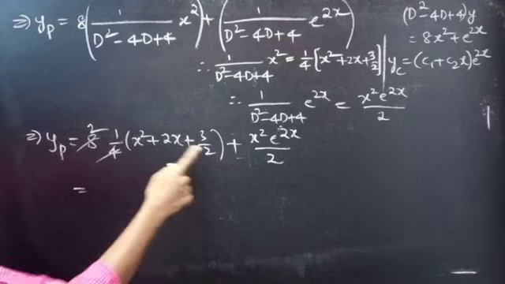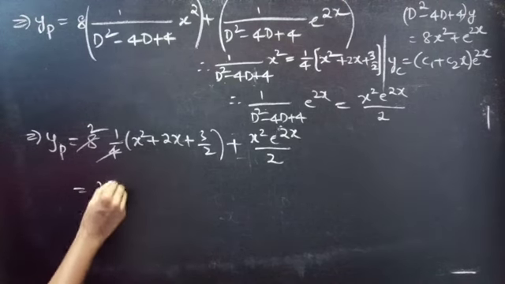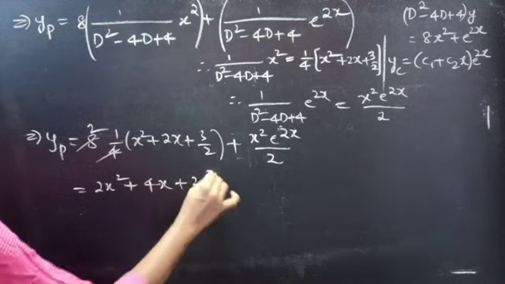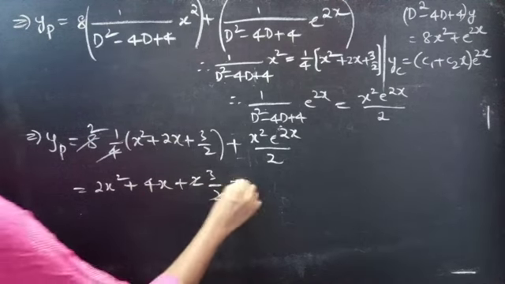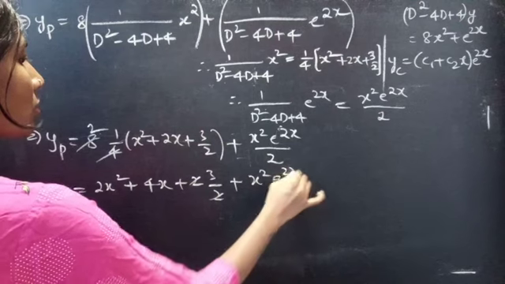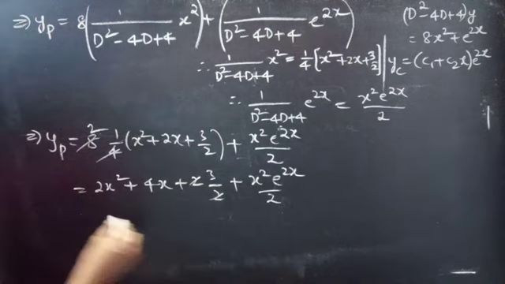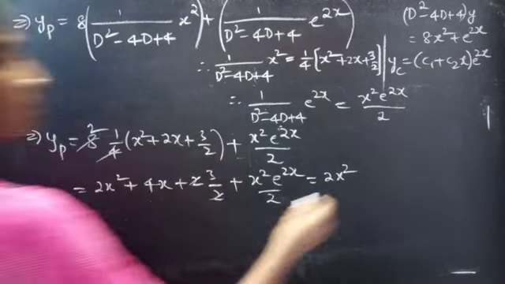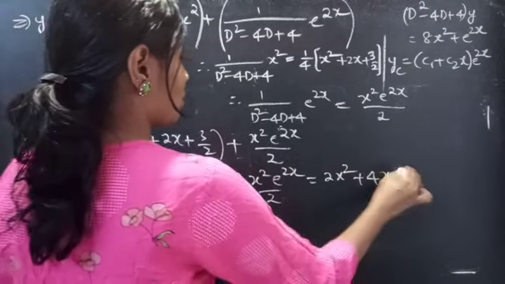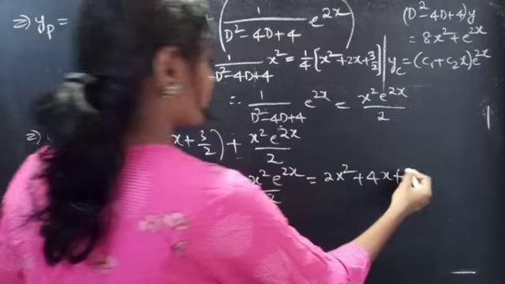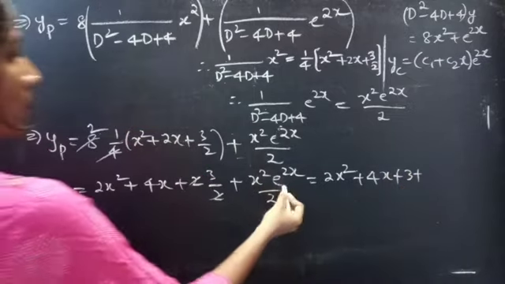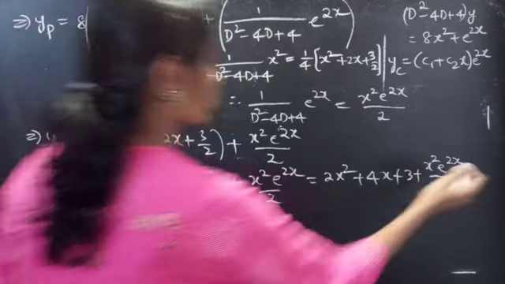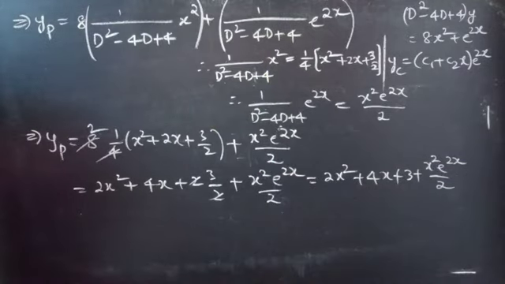Just multiply all these three terms with 2, you'll get 2x square plus 2 twos are 4 into x plus 2 into 3 by 2. Here 2 gets cancelled, plus x square into e power 2x by 2, which equals 2x square plus 4x plus 3 plus x square into e power 2x by 2. These are the required yp.